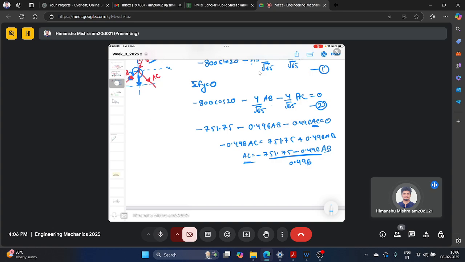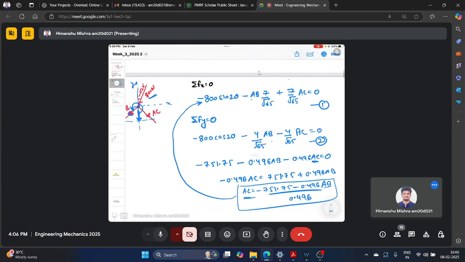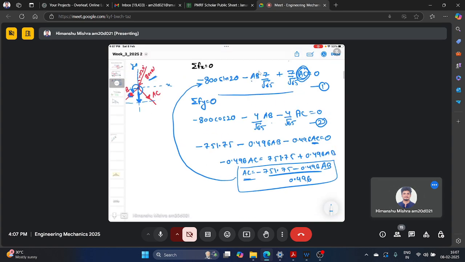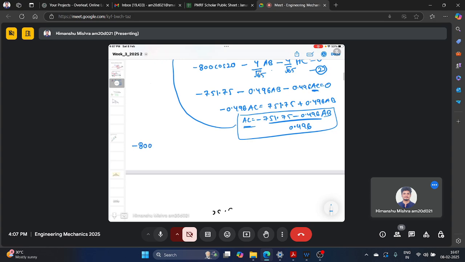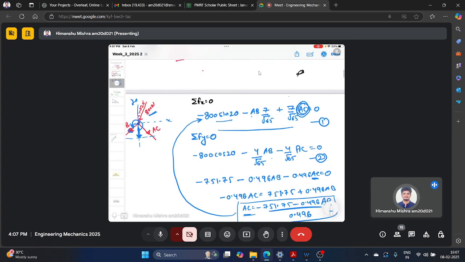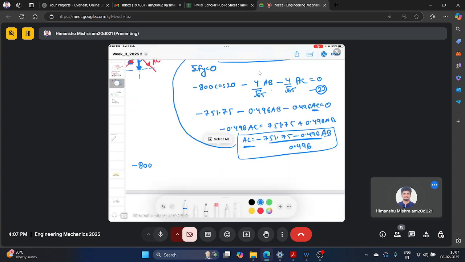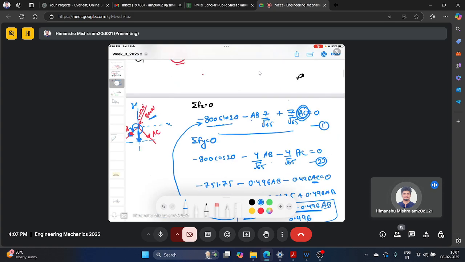So now I substitute this expression in equation 1. In AC, I will substitute this expression. So the whole equation can be written in terms of AB, so we can solve AB then. So 800 sine 20, let me directly solve this. It is 273.616. This is actually 800 sine 20.